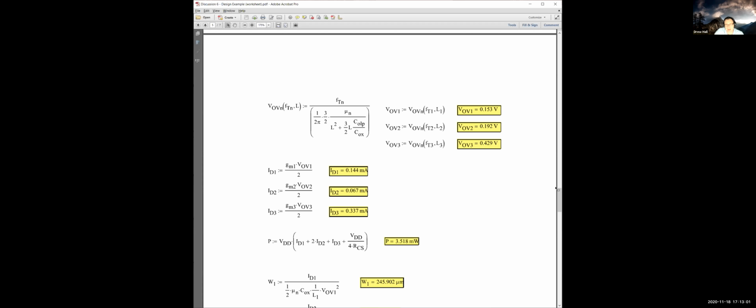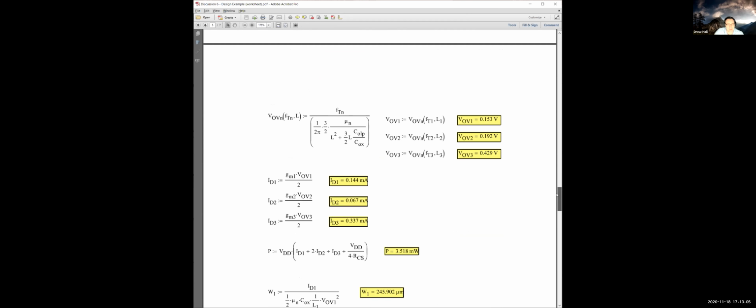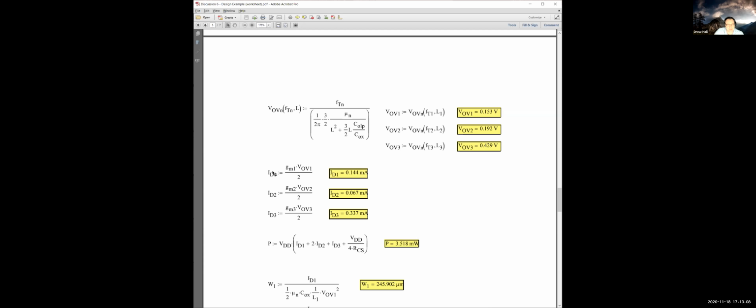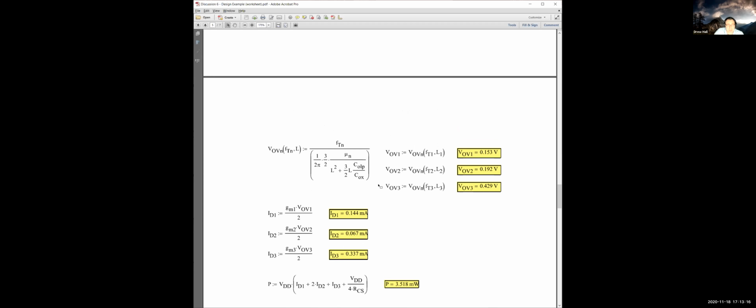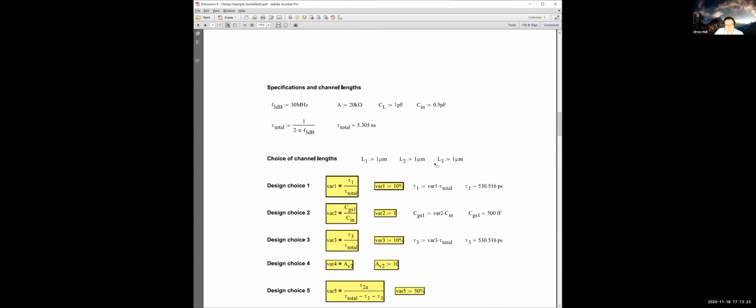The other thing is that I've assumed a square law model, right? When I did all of my calculations here, I assumed that GM was 2ID over VOV. Essentially, I haven't taken into account any short channel effects. And I picked longer channel lengths. So I picked 1 micron. It's less likely to hurt me at 1 micron.